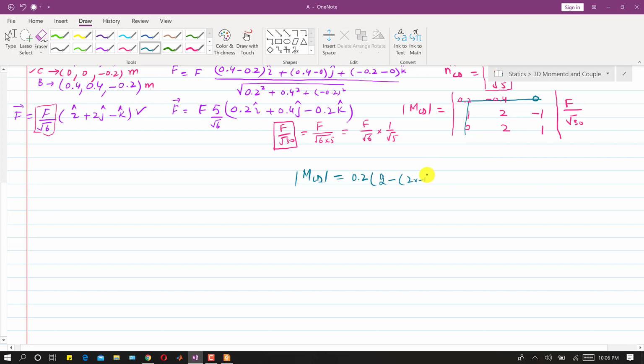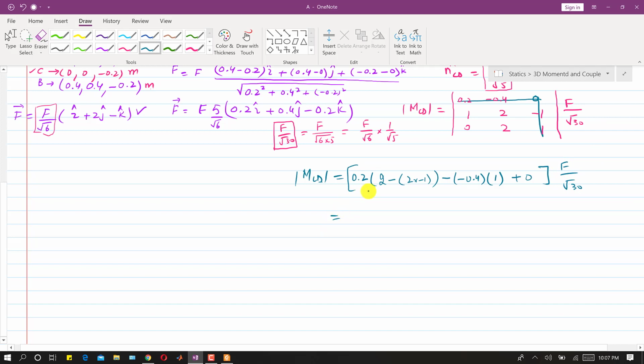Then I will hide this column and take the determinant, and with this minus 0.4, this is the determinant method, so minus 0.4 times this determinant. This determinant is 1 into 1 minus 0, so 1. Then I hide this column, and this is 0, so 0 multiplied by any determinant becomes 0, so I will write plus 0. This whole thing will be multiplied with F divided by root 30.